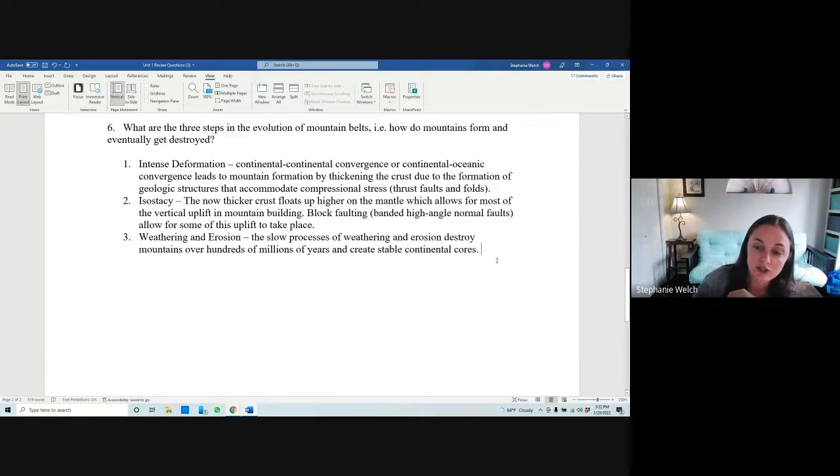So this takes hundreds of millions of years as opposed to potentially maybe tens of millions of years for these initial stages in the evolution of mountain belts. So the whole mountain cycle is a process that takes even longer than the formation and destruction of oceans on Earth. This is a really, really long stage game in plate tectonics.